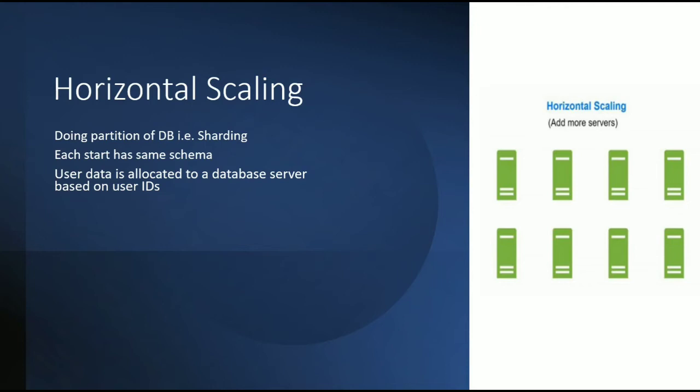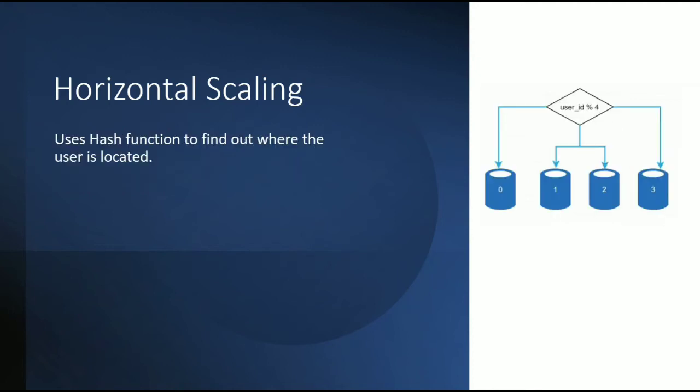To put data on each shard, you will use a hash function. With the help of the hash, you will be able to find out exactly on which shard you want to put the data. I want to show one example.